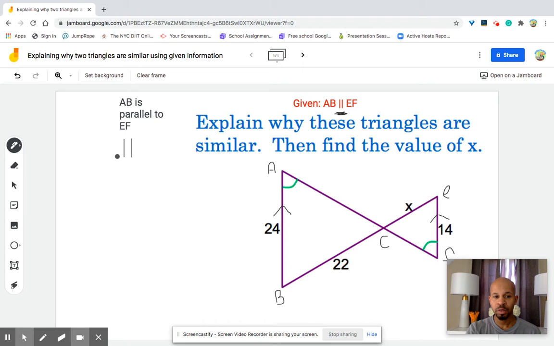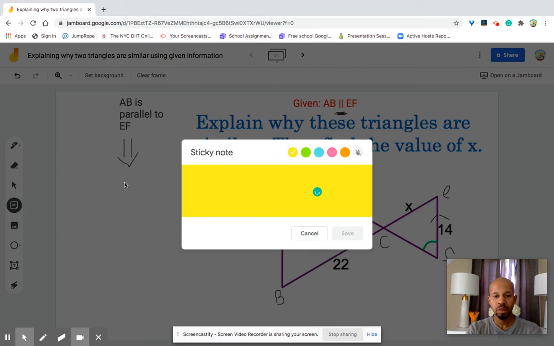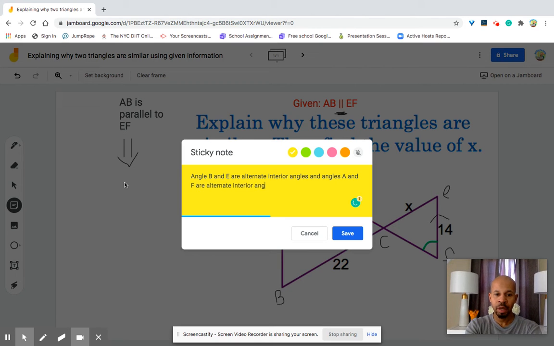As a result of that, you need to make a certain conclusion. So as a result of this, we can make the following conclusion. Angles B and E are alternate interior angles, and angles A and F are alternate interior angles.